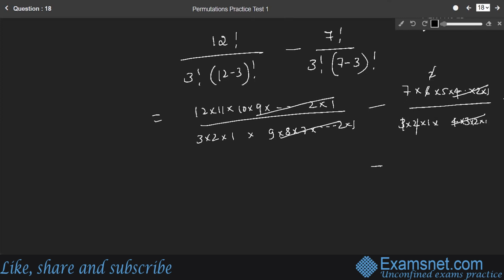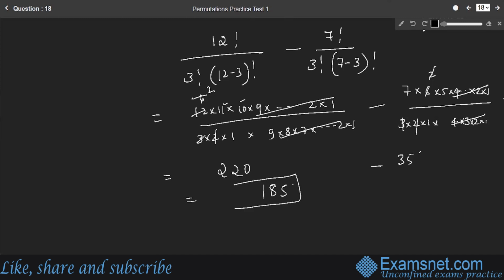So minus 35. And in the first part we have 2 into 6 and 3 into 2. Therefore, we have 11 into 10, 110 into 2 is 220. Therefore, 220 minus 35 is equal to 185.